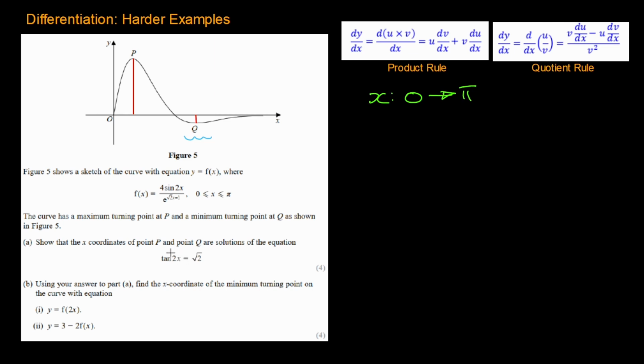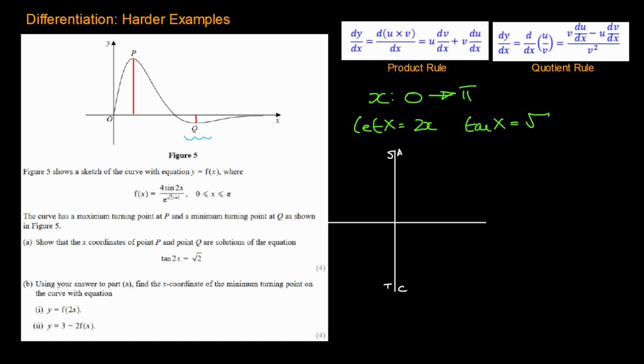And because we've got tan 2x here, I'm going to say let big X equal to little x, and work out the solutions accordingly. We're going to need a CAST diagram and work out the first solution, which is tan big X is equal to the root of 2.